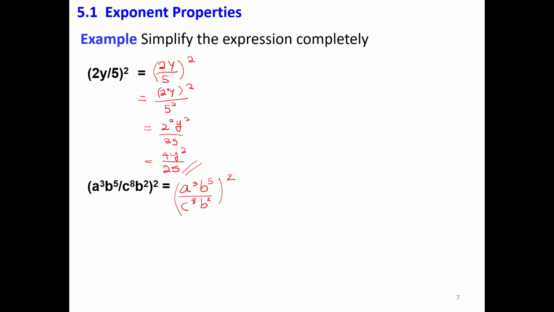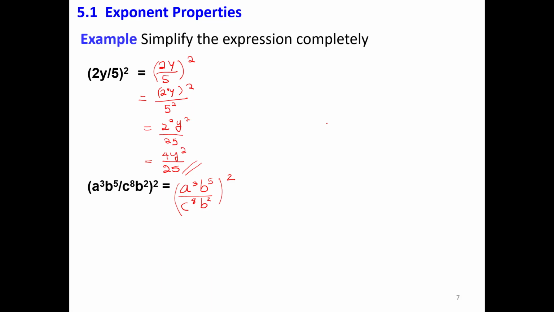And what I suggest you, if you had a quotient and you had different factors inside the parentheses, is try to simplify what you had inside the parentheses, and then you can raise to the second power.